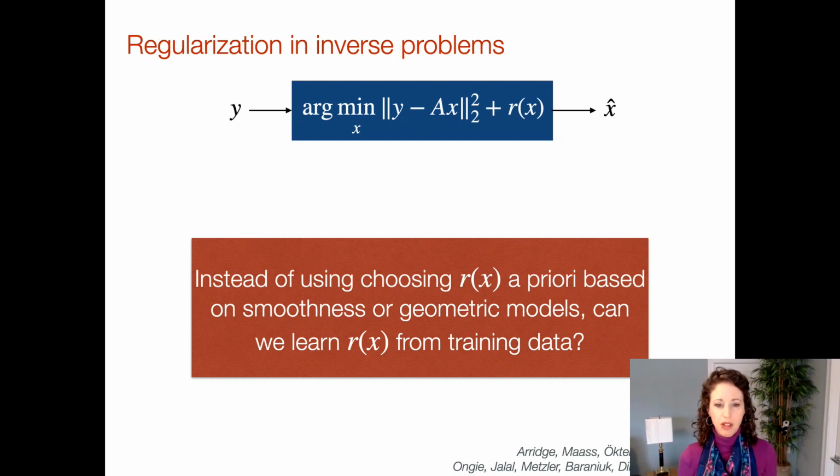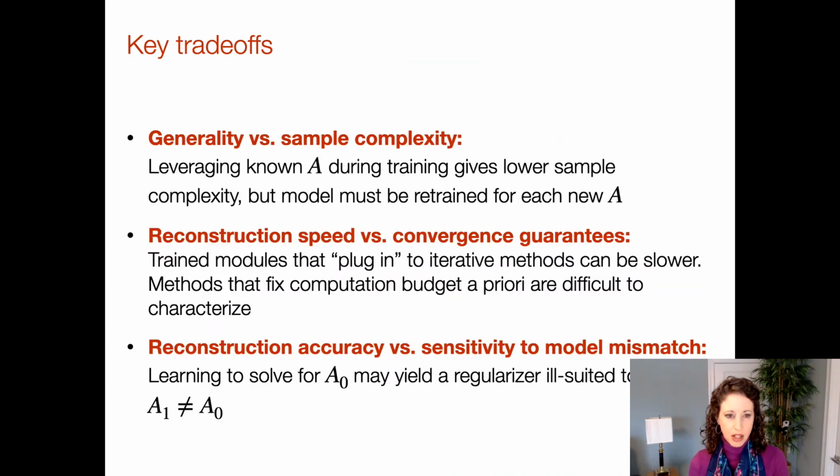But today what we're going to do is look at certain classes of approaches that are guided towards learning how to reconstruct images in this inverse problem setting. And along the way, we're going to be considering some key trade-offs that are involved. The first of these is generality versus sample complexity.